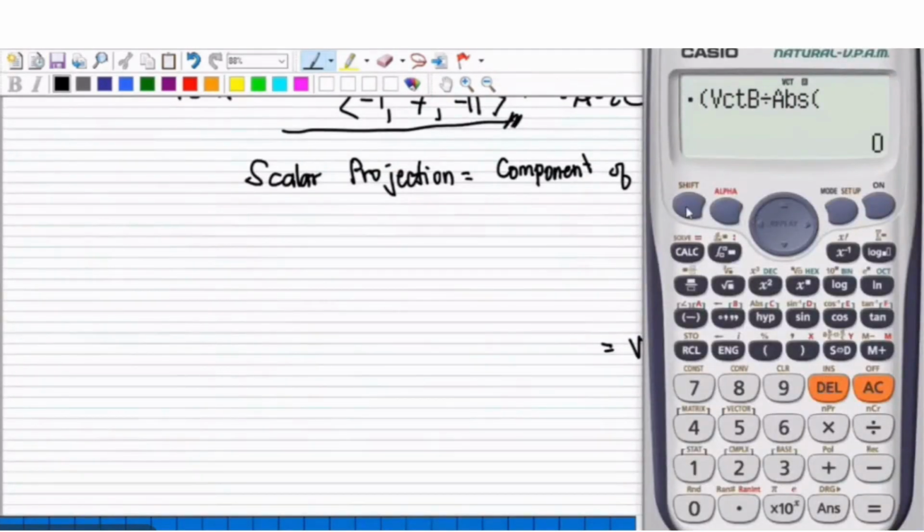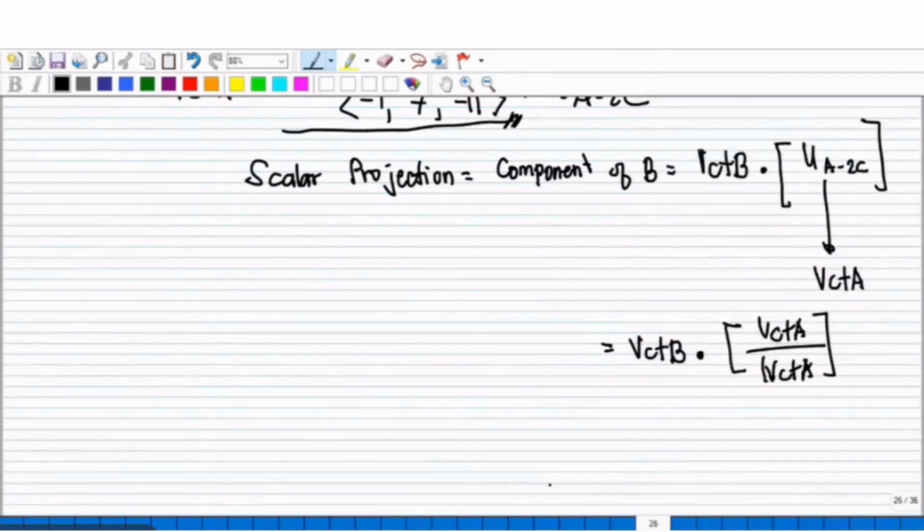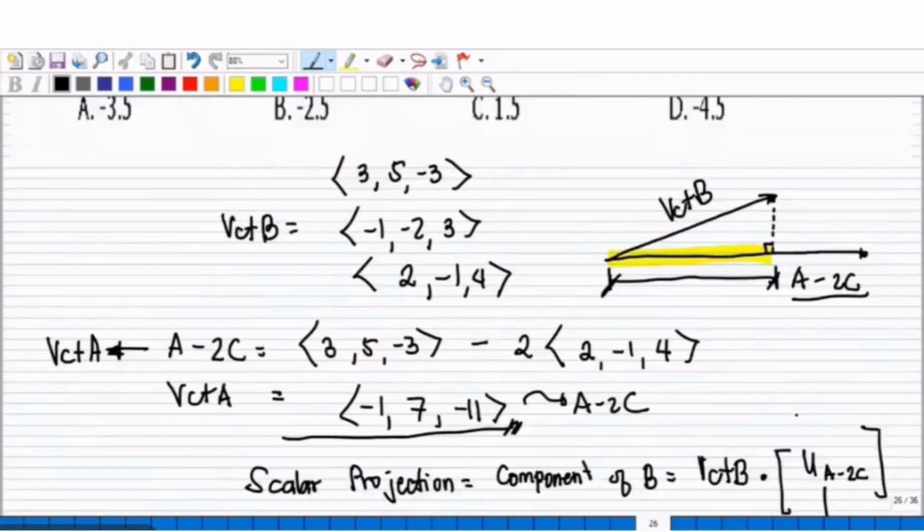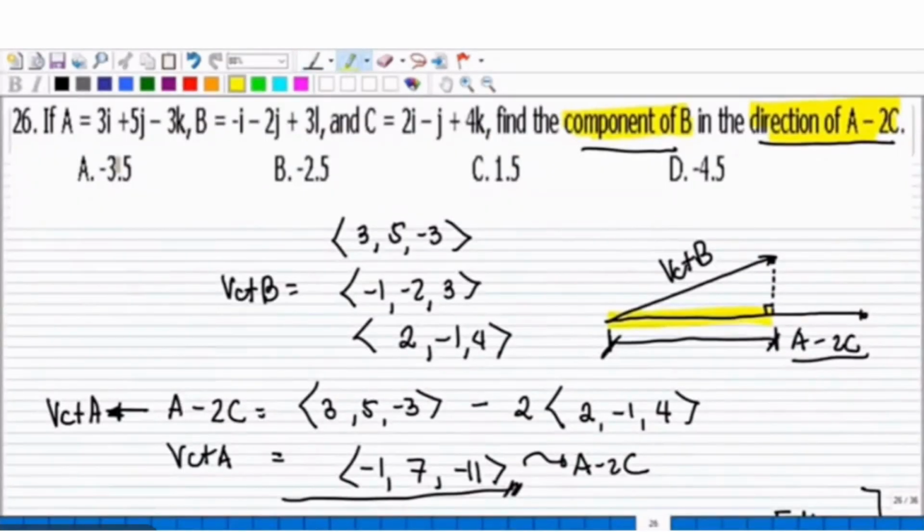So, it should be vector B dot the direction vector A, divided by absolute value ng vector A. Close, then close. Okay, so this is equal to negative 3.518. So that's your scalar projection. It's letter A. Okay. So part 1.